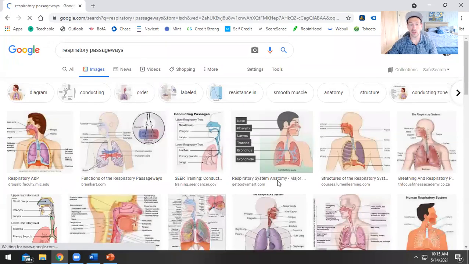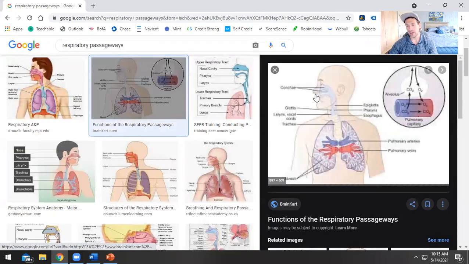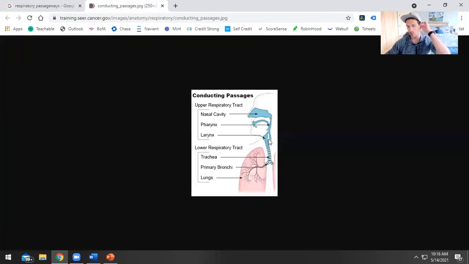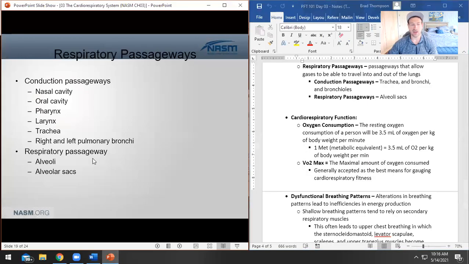So when you look at this, you'll see, like I said, the larynx and the pharynx, and then that is going to branch down. Here's your trachea. It'll branch out into the left and the right bronchi. And then that'll branch into even smaller tubes, what we call bronchioles. So the main ones here: the trachea, the bronchi, and the bronchioles.